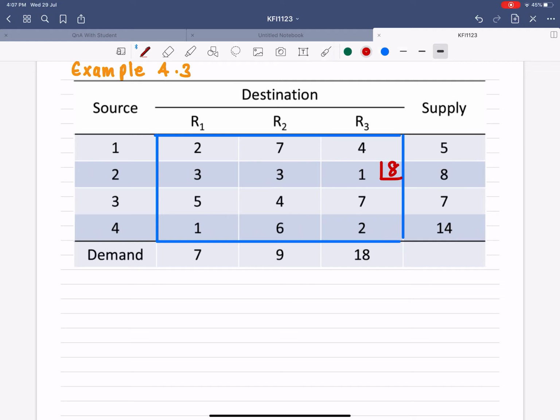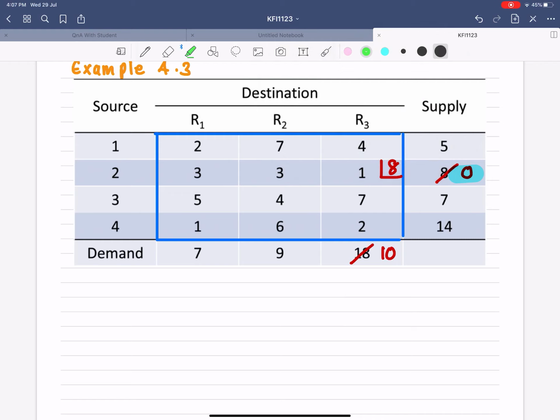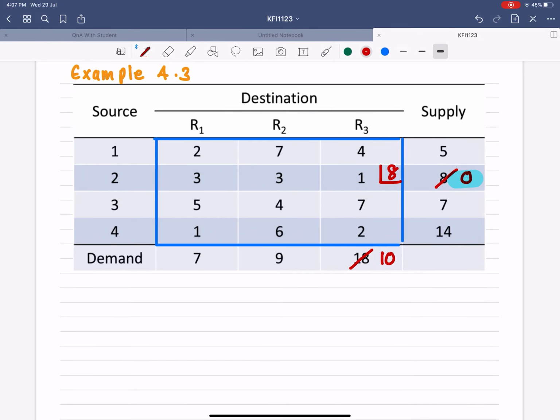Okay. So 18 minus 8 is 10 and 8 minus 8 is 0. Since we have here 0, because the supply value is 0 in the second row, therefore we will cancel out the second row.